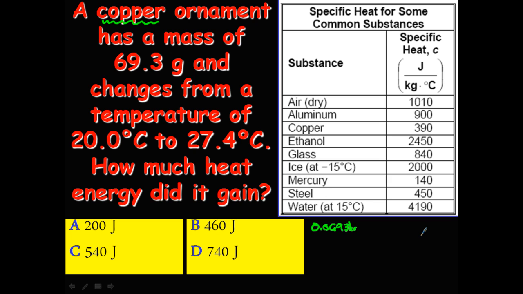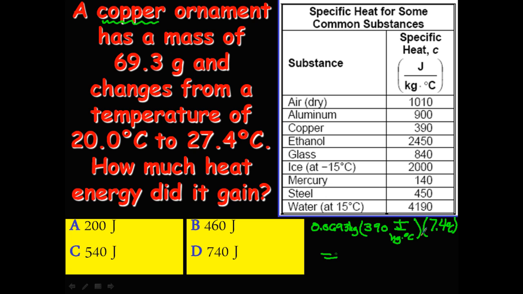So I had 0.0693 kilograms times 390 joules per kg degrees C. And that's a change of temperature of 7.4 degrees. The final minus the initial, 27.4 minus 20, gives me 7.4 degrees C. Plug that in your calculator and let's see what we get.